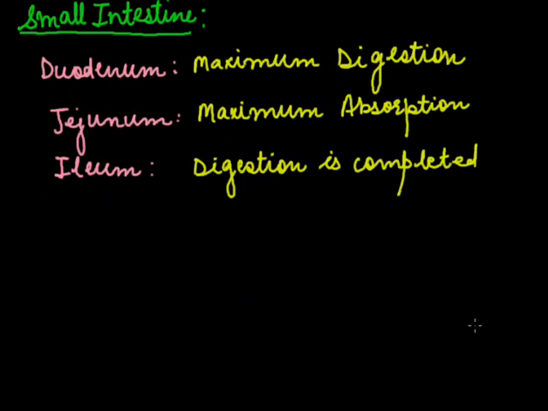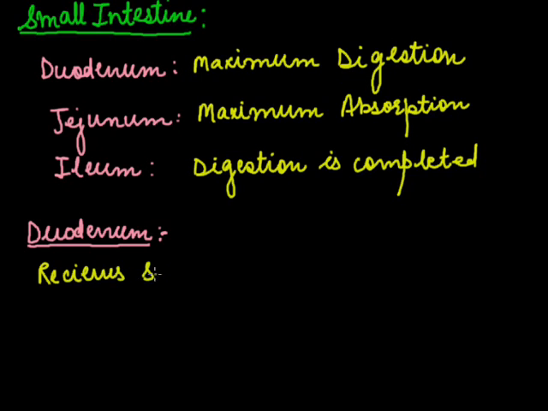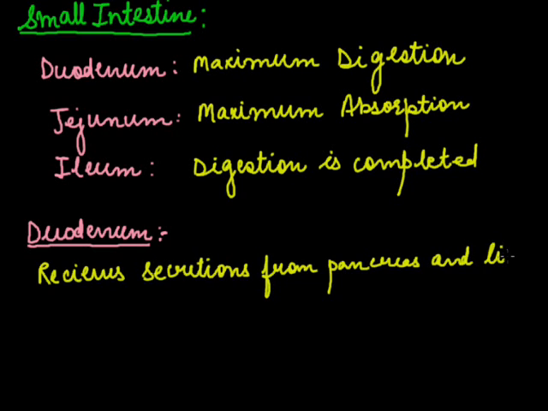Now, how does the digestion take place? Firstly, let's discuss duodenum. Duodenum receives the secretions from the pancreas as well as the liver. Now, what does the pancreas secrete?